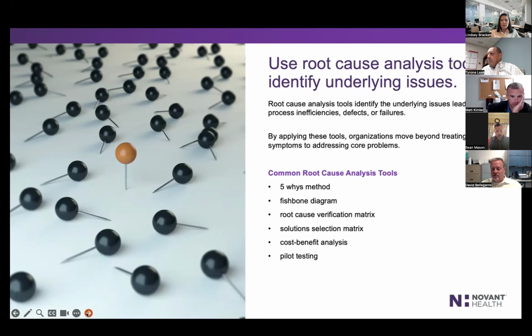It's always interesting when you use the 5 whys, because it usually narrows down to there's no standard work, which we'll go over in a couple slides, but the 5 whys are very effective. Also the fishbone diagram, a root cause verification matrix, solutions selection matrix, cost benefit analysis, and pilot testing. These are some of the tools that are used for analyzing.